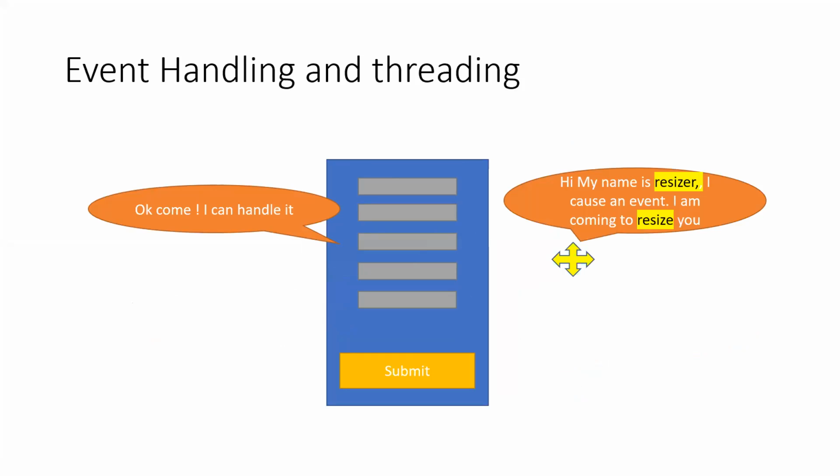Let's say there's another event other than the clicking event we just saw, a resizer event. It is a kind of icon you sometimes get when you hover your mouse over the edge of an activity. It says, hi, my name is resizer, I cause an event, I am coming to resize you.